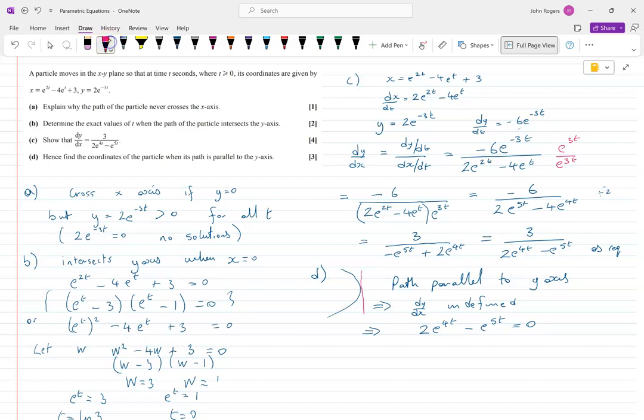Incidentally, what I see a lot of students do here, and you would be fine in this question, you'd get away with it, is do that and then divide. And then that would give us e to the t equals 2. And then you get the value of t from that.